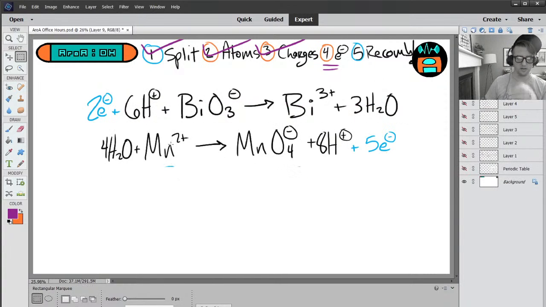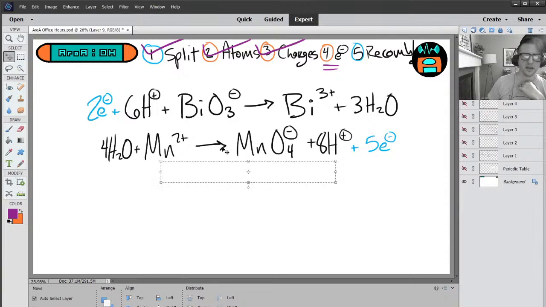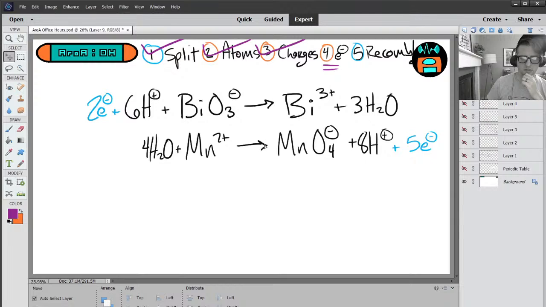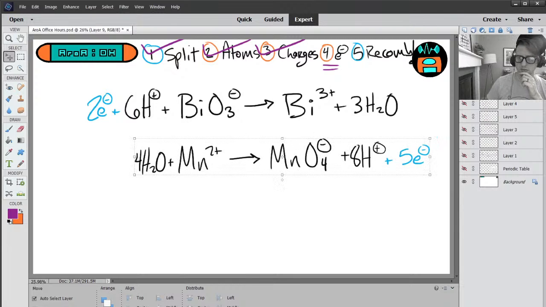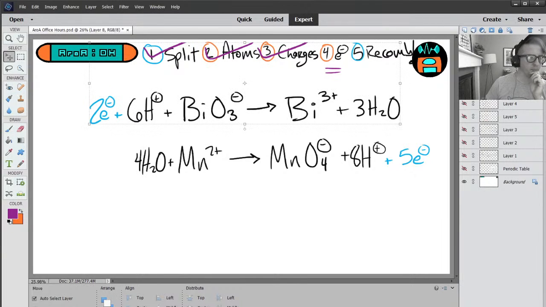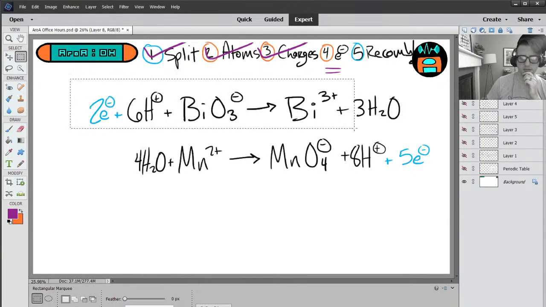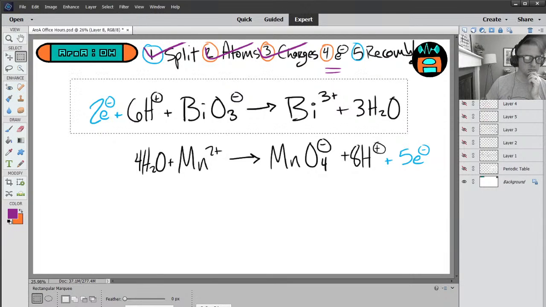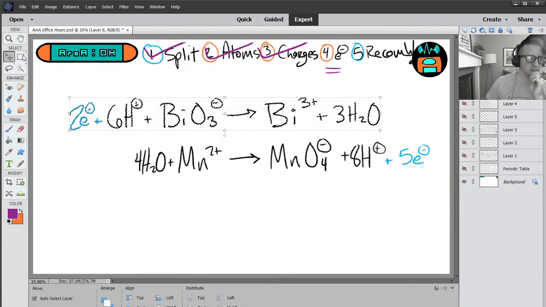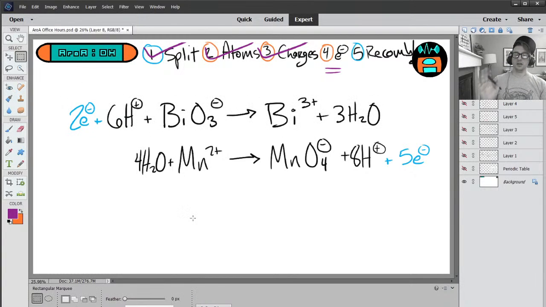So here is our manganese half reaction, excuse me, not magnesium. Let's talk about balancing electrons.